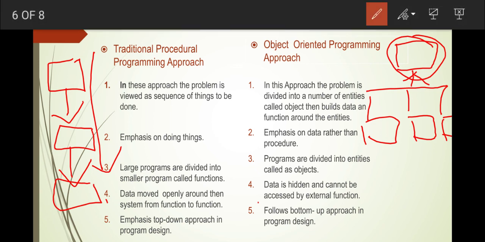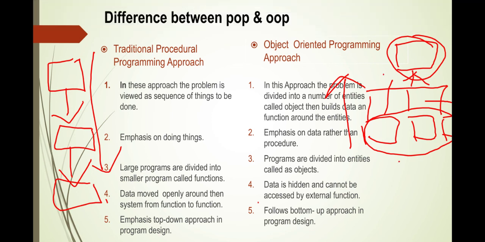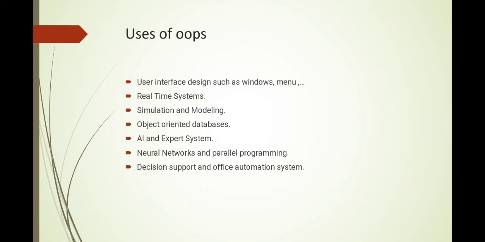This one follows the bottom up approach, and this one follows the top down approach. All these objects are first solved and then the main program is solved. Understand this?